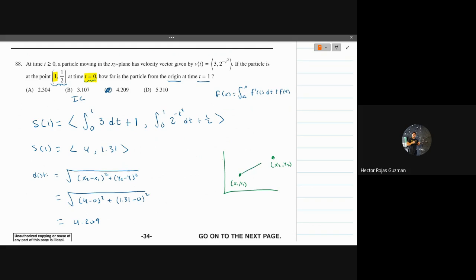If you want to find the distance between the points, think about making a right triangle. That's where the Pythagorean theorem comes in. The horizontal distance of the points would be the big one minus the small one, right? Like if this was 5 and this was 1, I think it's pretty obvious the distance is 4. And that's because we're doing the big minus small.